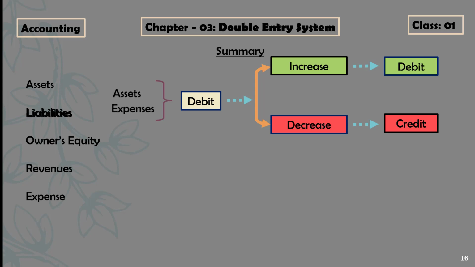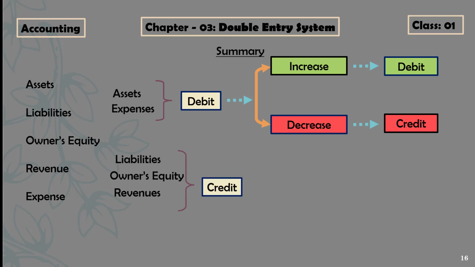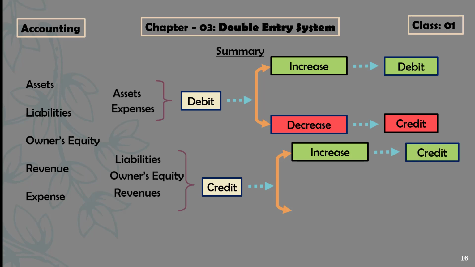The other 3, which are liabilities, owner's equity, and revenues, are credit accounts. You have to remember this. Note very carefully that assets and expenses are debit, and liabilities, owner's equity, and revenues are credit accounts. If these accounts increase, then we will credit them, or if they decrease, we will debit them.